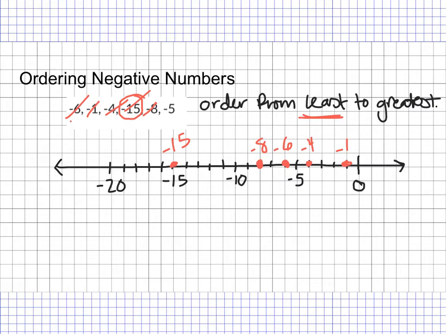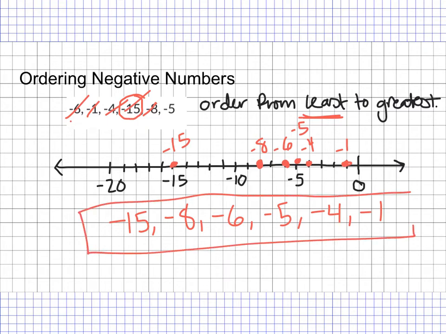And then finally we have negative 5 itself, right there. Okay, so we've got them on the number line. So now I need to order them from least to greatest. So that would put negative 15 first as the lowest of these numbers. And then negative 8, negative 6, negative 5, negative 4, and finally negative 1.